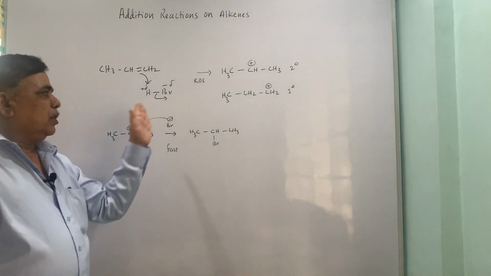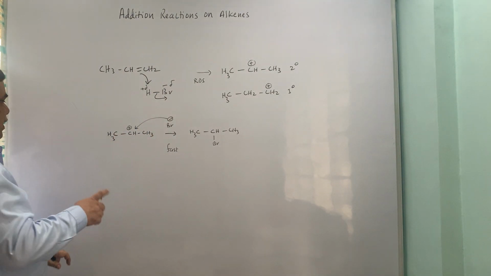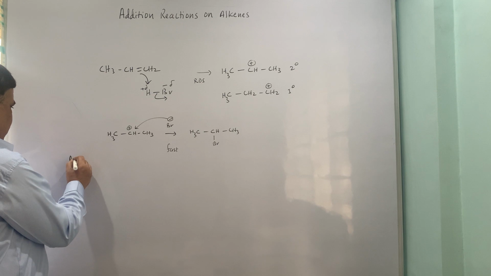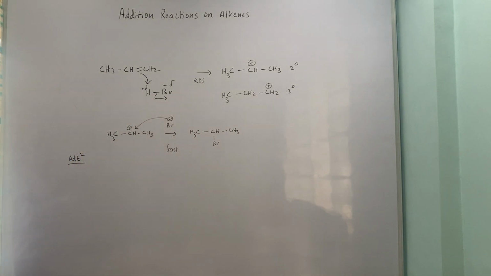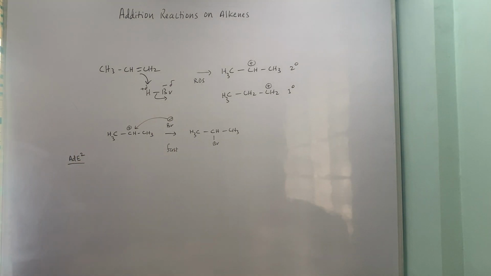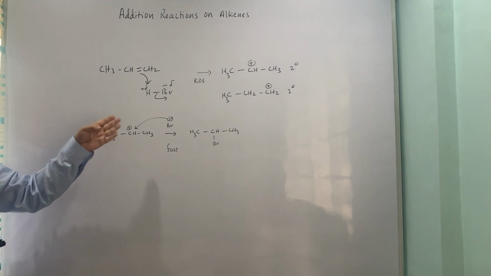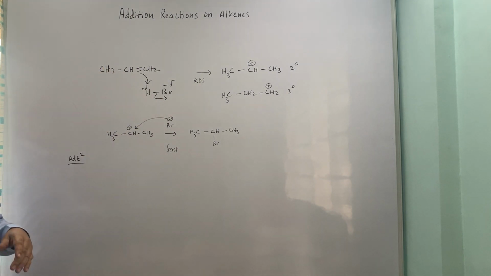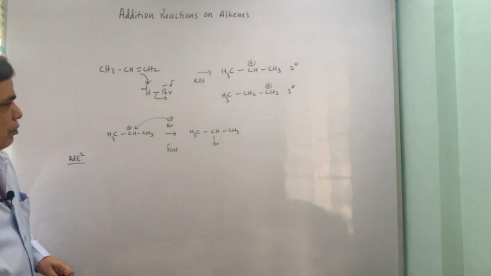So, this reaction is also known as electrophilic bimolecular addition. This suggests that it follows second order kinetics. The rate is proportional to the concentration of the reagent as well as the substrate. Okay, this is one of the examples.